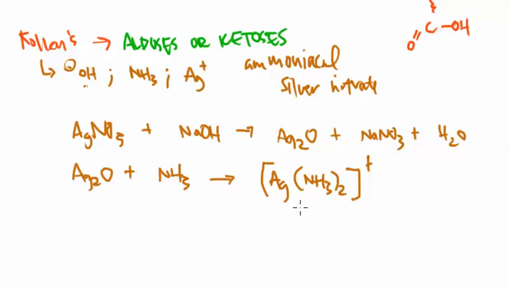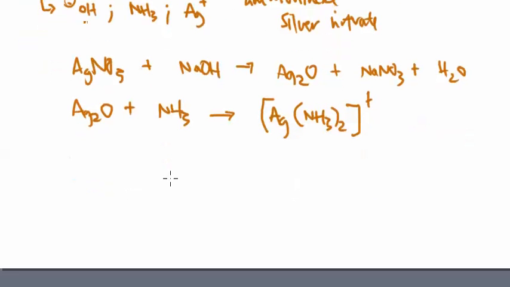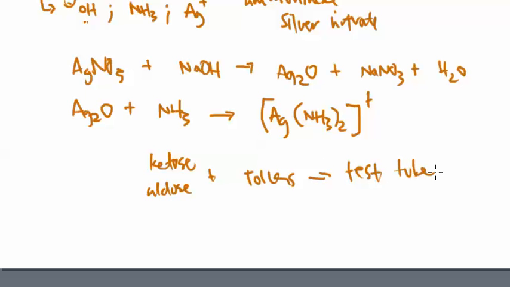Okay, so what's the nice thing about the Tollens reagent, other than the chemistry? Well, what goes on here is that if we have a ketose or an aldose, and we add Tollens reagent to it, most of the time we do this in a test tube. And we want to know: is this structure really a carbohydrate or not?